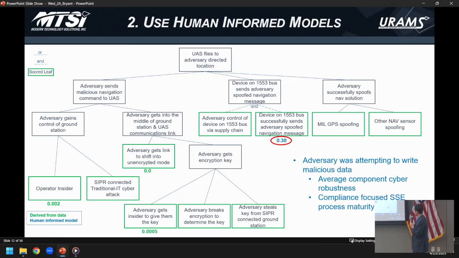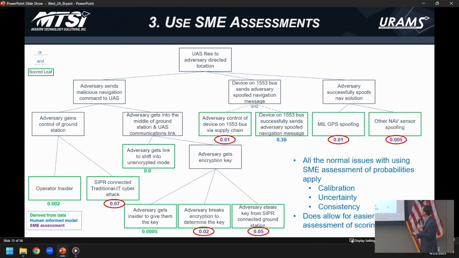We assumed that they were trying to write malicious data with an average component cyber robustness and compliance-focused SSE process maturity. Okay, and then for the rest, we did the human assessment. I went ahead and plugged these in, again, not using a lot of deep thought, just for purposes of the example.